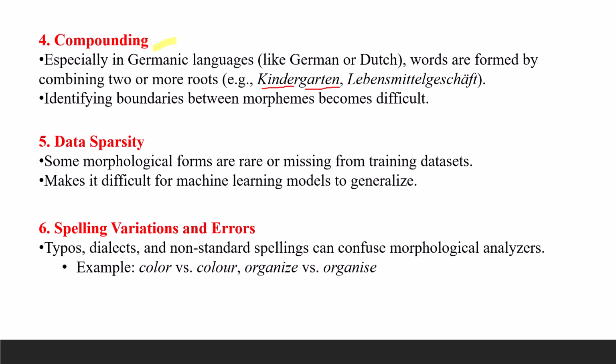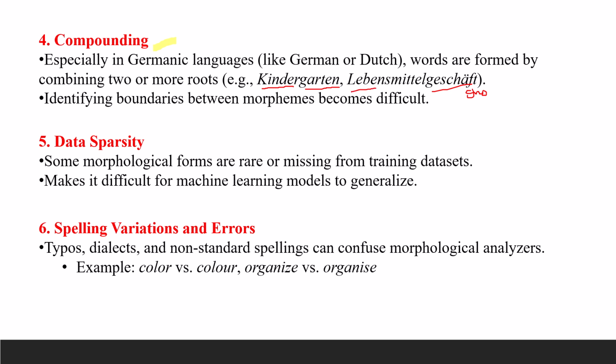Similarly, Lebensmittelgesellschaft: Leben, Mittel, and Gesellschaft. So here there are three different words. Generally, Gesellschaft means company, and Leben means life.